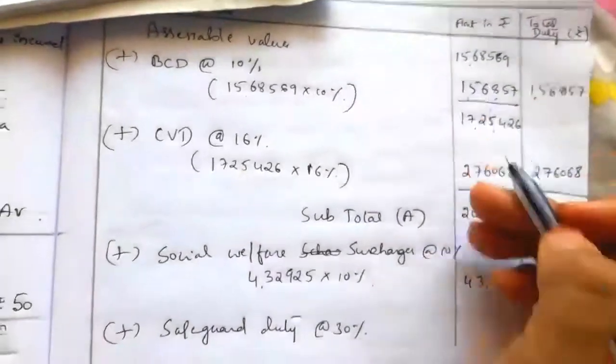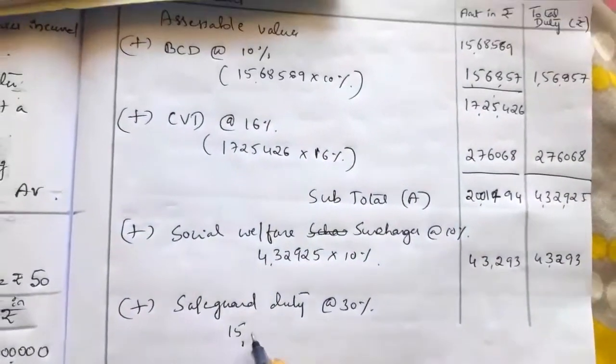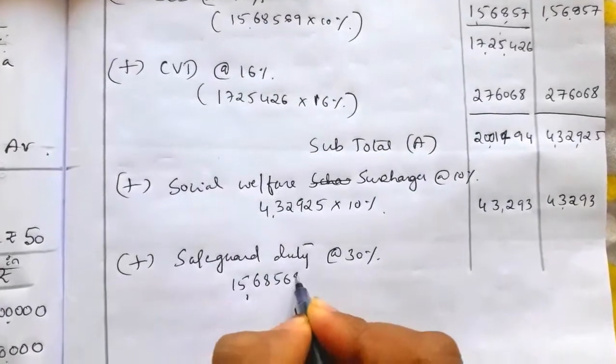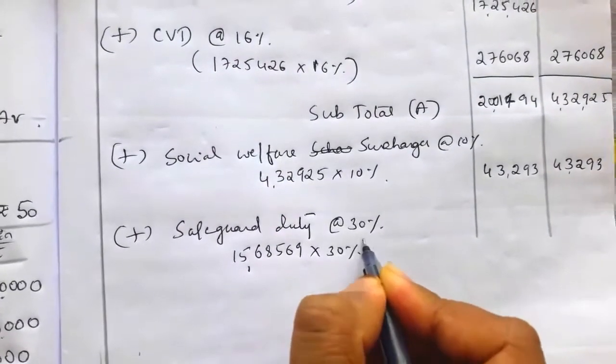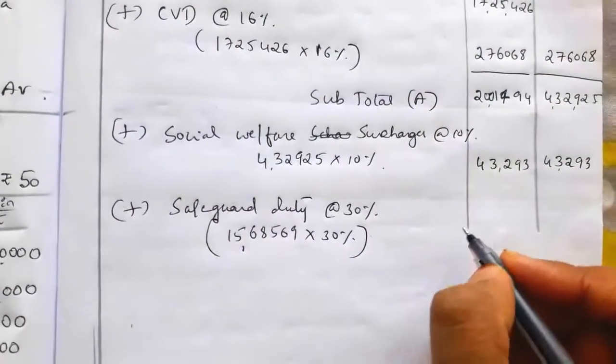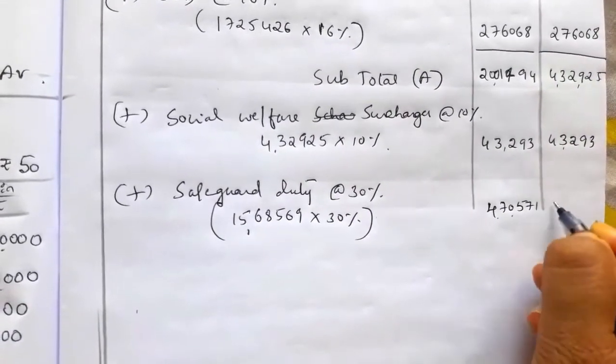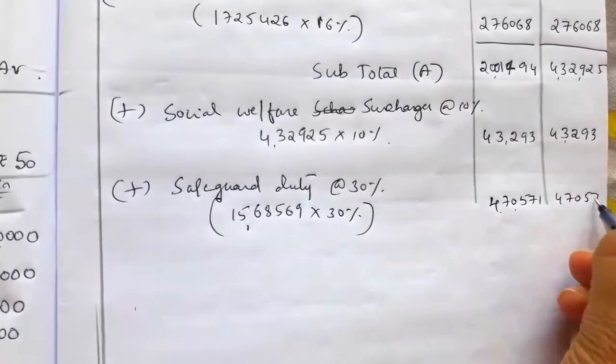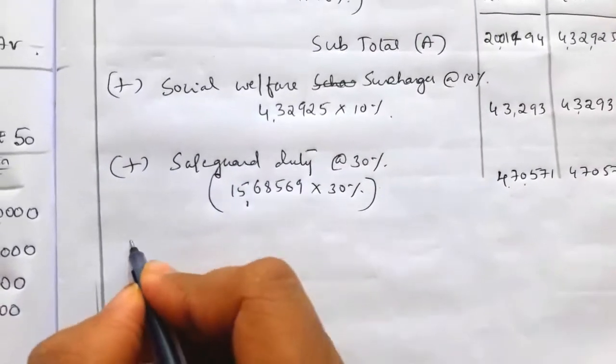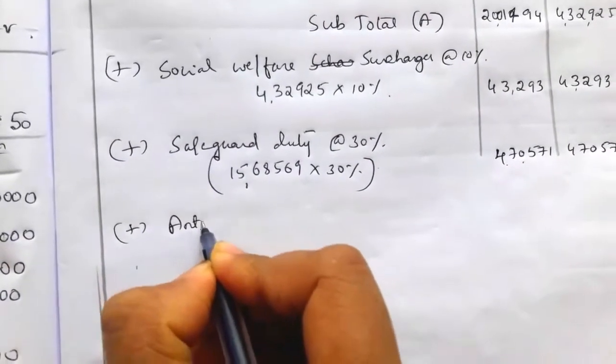So what is the AV? 15 lakh 68,569 into 30%, that will be equal to 4,70,571. Along with the safeguard duty we have to calculate even the anti-dumping duty.